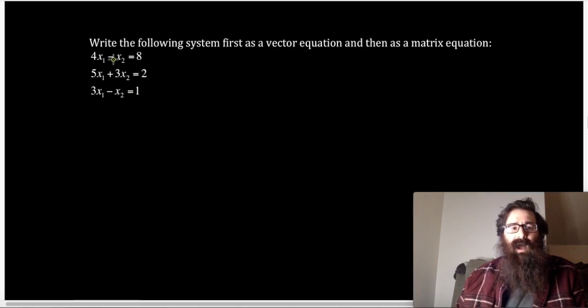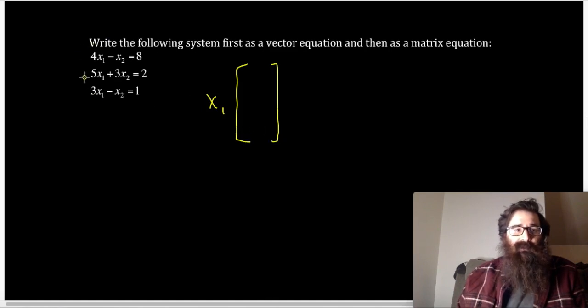We think, well, I have x sub 1 as a weight, and x sub 1 is being multiplied to what values? Well, I can just line them up here vertically. X sub 1 is being multiplied by 4 for the first entry, and then by that 5, and then lastly by that 3. So far so good. And then I can say, well, what about that next weight? That next weight is x sub 2.